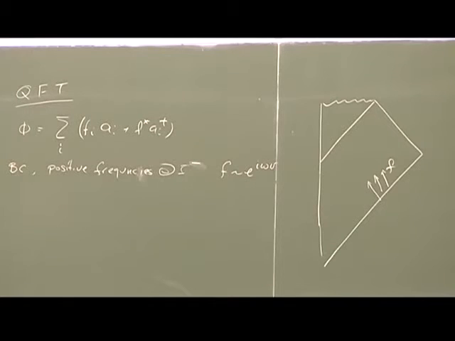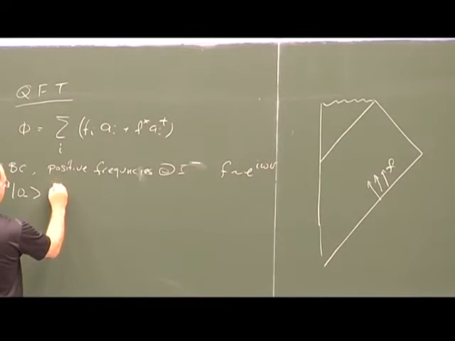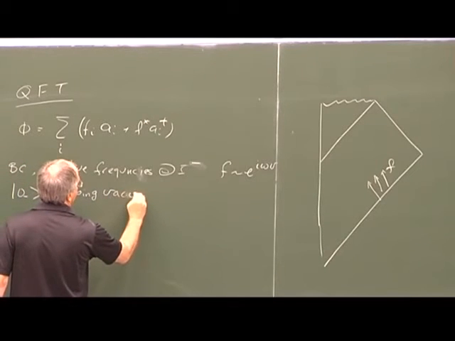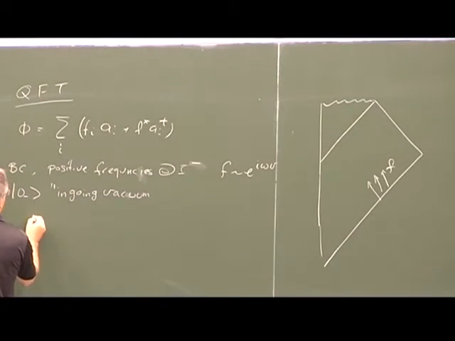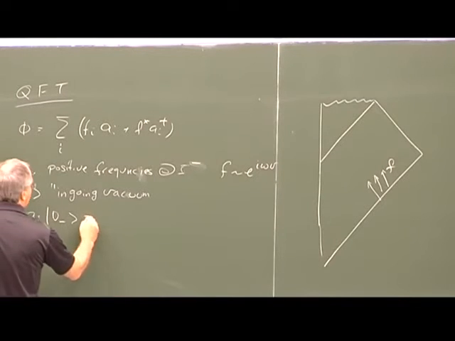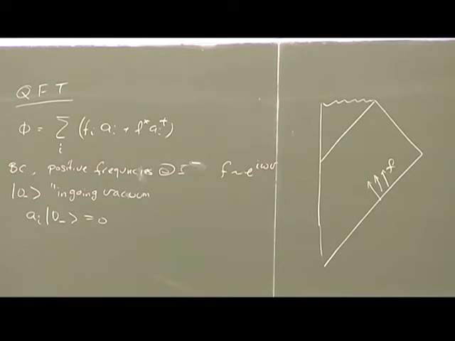And I can also define the ingoing vacuum, 0 minus, which is essentially annihilated by all the annihilation operators. So this is completely standard quantum field theory. Again, I assume that this is something that you are familiar with. Now, this construction is almost well defined.